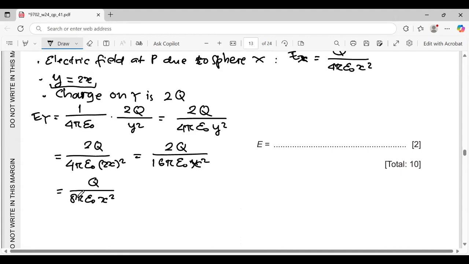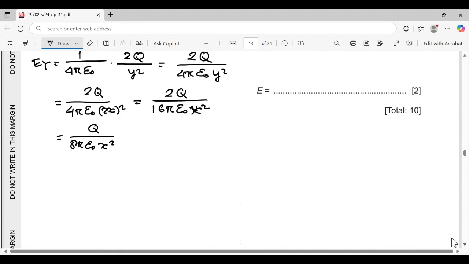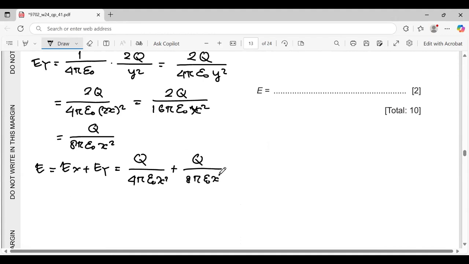So we can find E equals Ex plus Ey, which is Q over 4 pi epsilon 0 x squared plus Q over 8 pi epsilon 0 x squared.